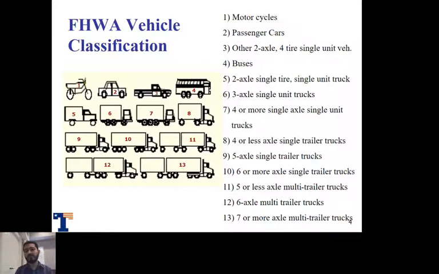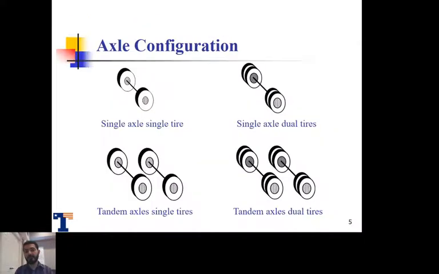We have buses as category 4, all the way to category 13, which is 7 or more axle multi-trailer trucks.